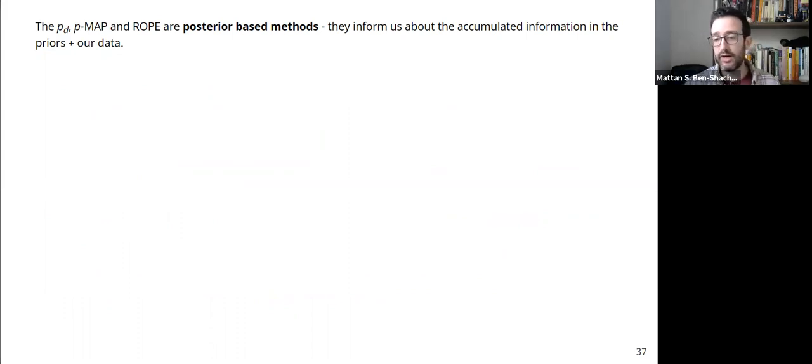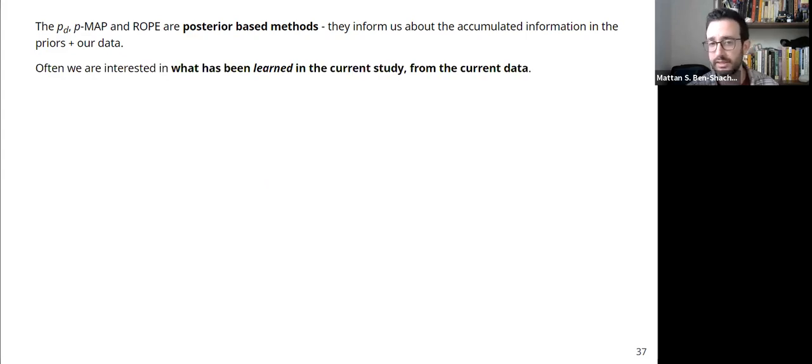So the probability of direction, the p-MAP, and the ROPE are all posterior-based methods. That is, they inform us about the accumulated information in the priors and our data. So the posterior is always a mix between the priors and our data. But often we're interested in what has been learned in the current study from the current data.